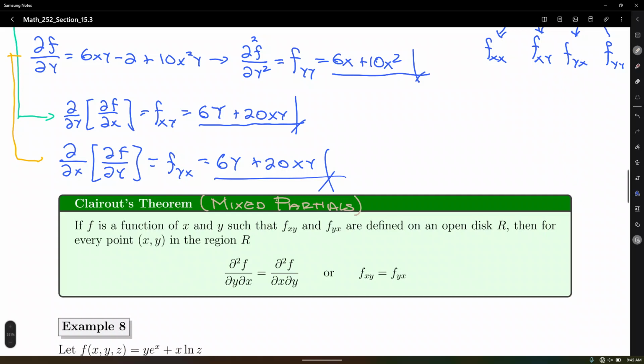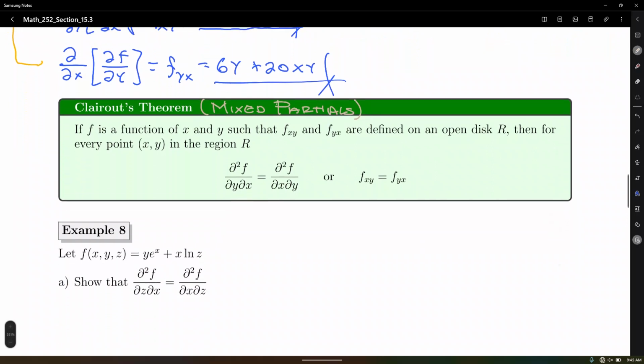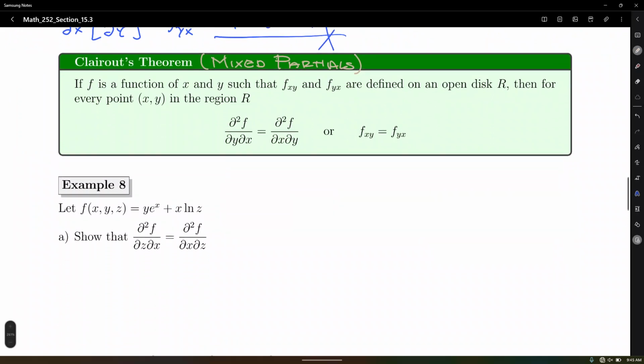What are those mixed partials? The mixed partials are obtained when we differentiate with respect to x and then y and vice versa. So Clairaut's theorem is about this, that the mixed partials are equal, as we got in the previous example. All right. So let's have a look at an application of Clairaut's theorem with this function of 3 variables.